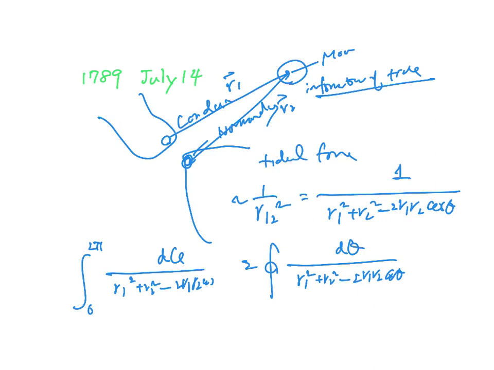So Napoleon asked Cauchy to calculate the date for the minimum of the tidal height, in 1789, after that. So that's the reason why Cauchy actually invented the theorem. He needed to calculate this integral. Today you can do this very easily, right?